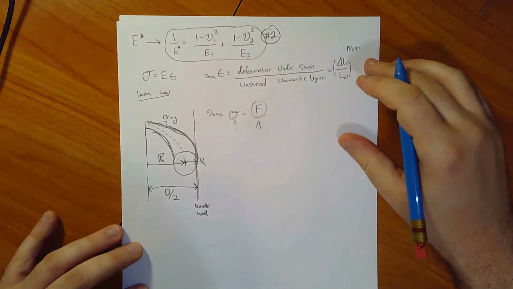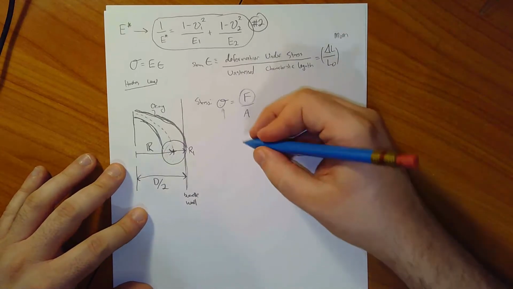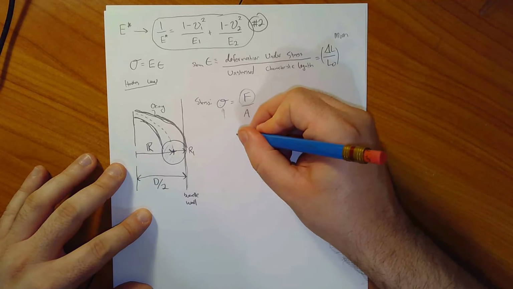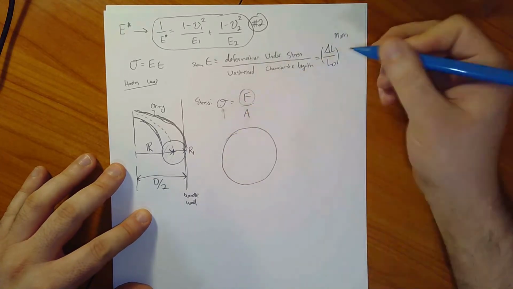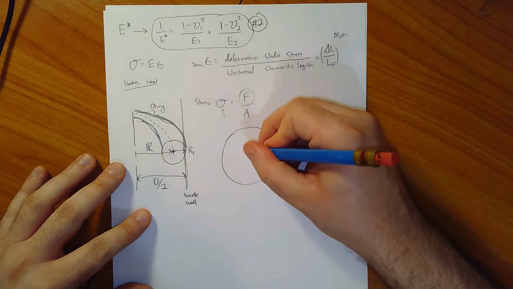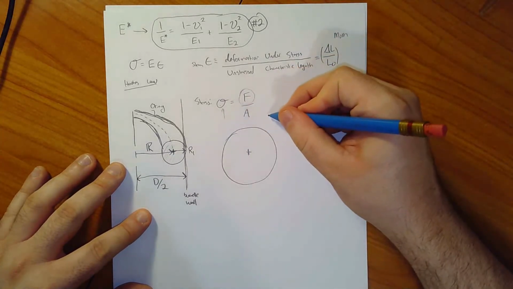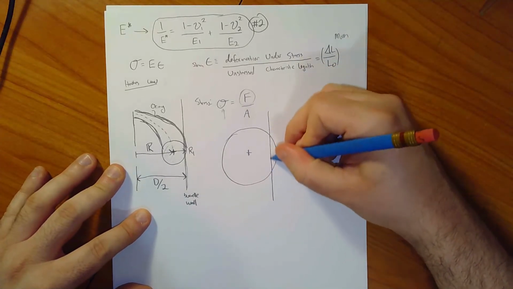Okay, now I've got to do some kind of nifty geometry here. So I'm going to attempt to freehand draw a circle. Wish me luck. Okay, not too bad. And then here's the center of that circle, and then on one side is going to be this Buret wall, right? So here's the Buret wall.